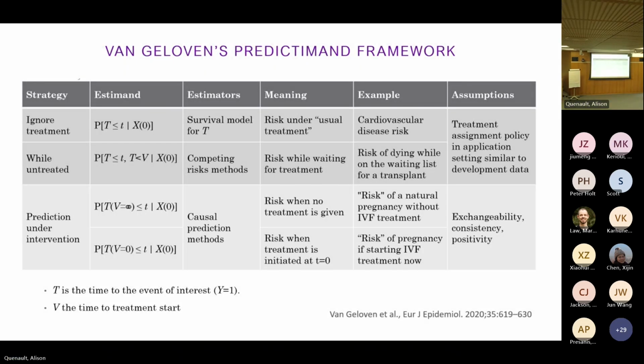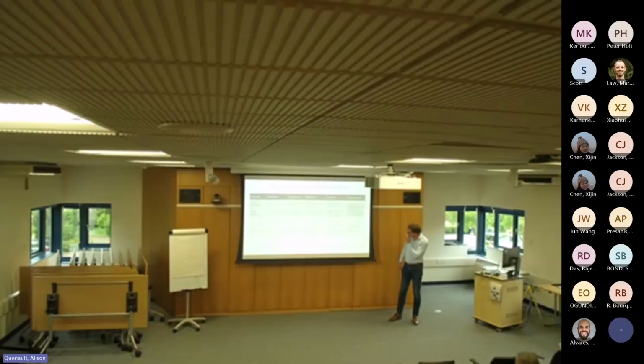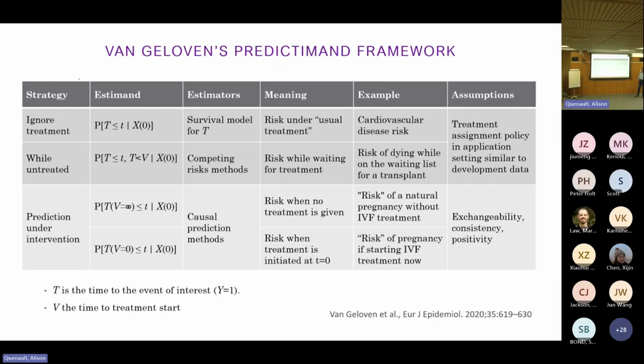One of the papers that I think helped a lot of people, including myself, to think about this topic was a paper written by Nan van Geloven, published in 2020, which basically made explicit how we can incorporate causal thinking into the estimates for a prediction model.